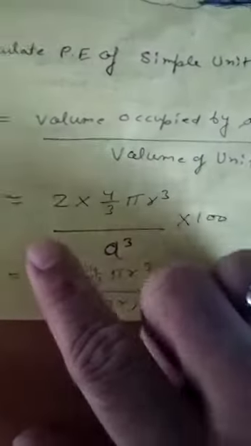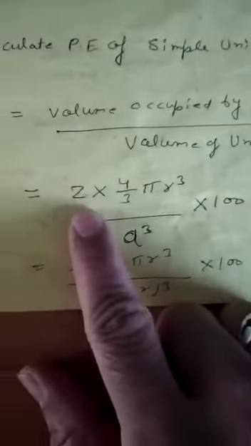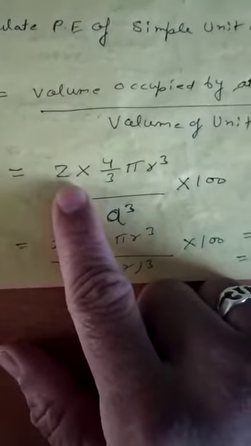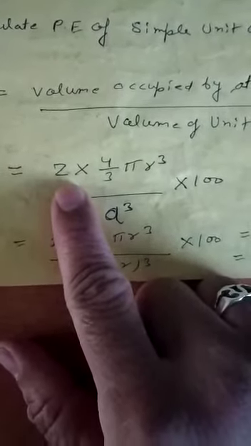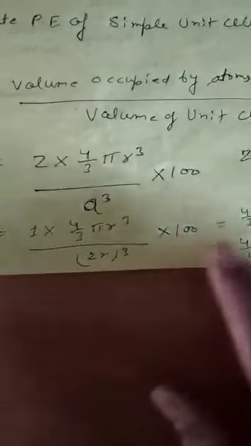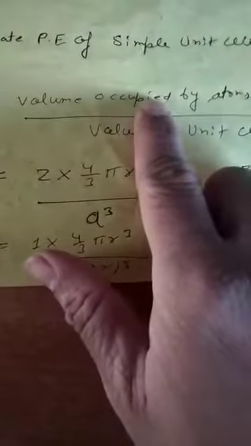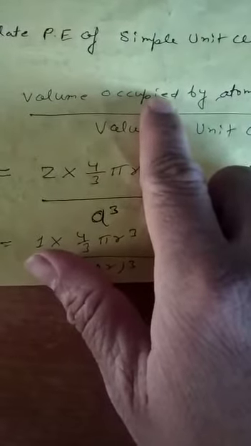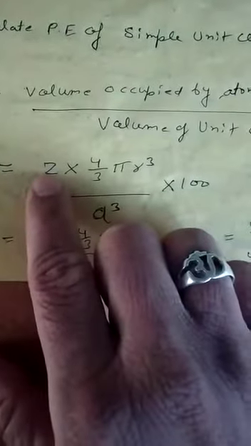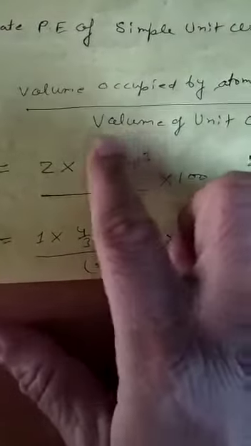Now second thing, what is Z? Z is the number of particles per unit cell. We already calculated for the simple unit cell that Z is 1. Now you see this formula I have written: the volume occupied by the atoms is equal to the number of particles per unit cell into the volume of one particle.